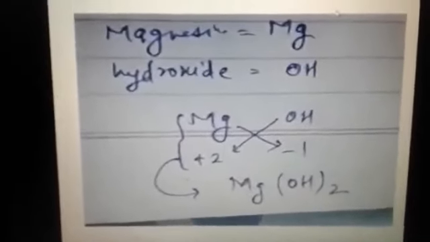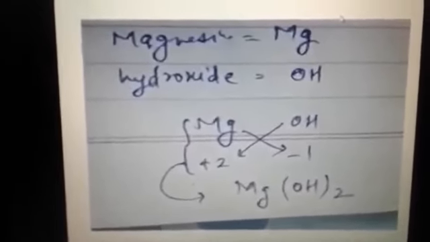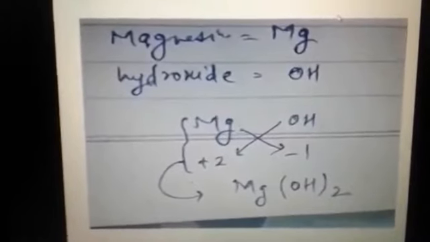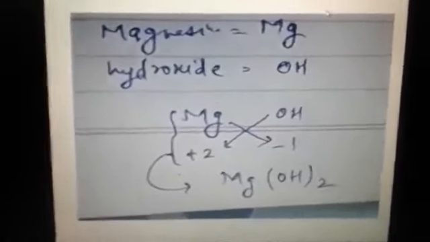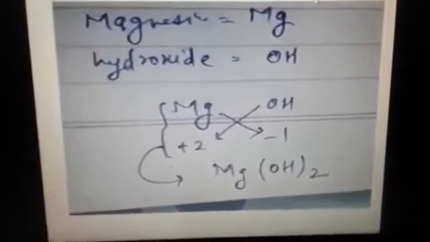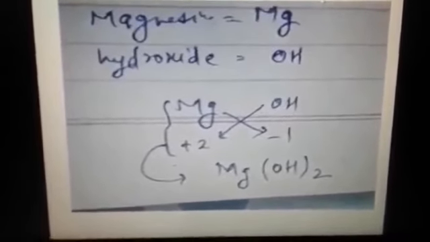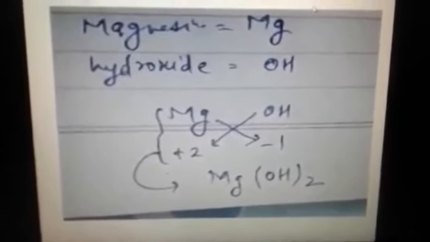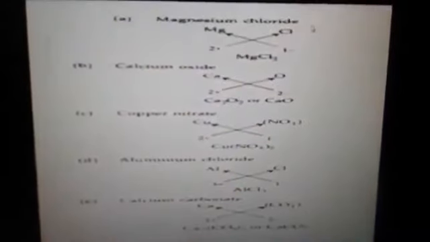Calcium carbonate, copper. You can see how we are switching them. The 2 going to the hydroxide and the 1 going to the magnesium, like that. So we can try it also with other examples. For copper carbonate, we can try it with the calcium carbonate.